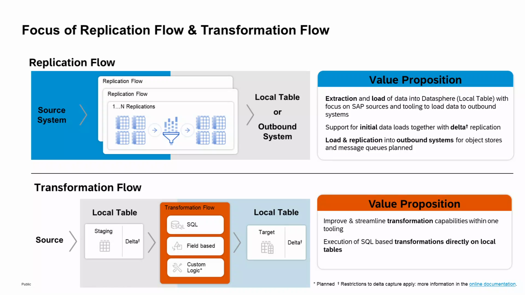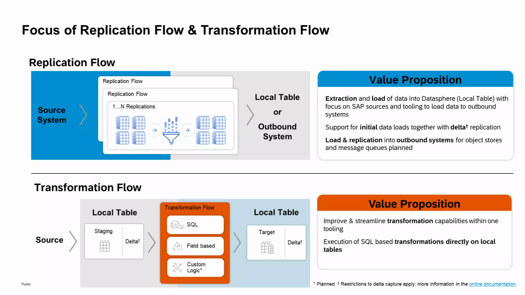And if we're looking at this concept, the value proposition of the replication flow is obviously that it's there to load a large number of objects, with large quantities of data with delta capabilities, out of the source system without many transformations.